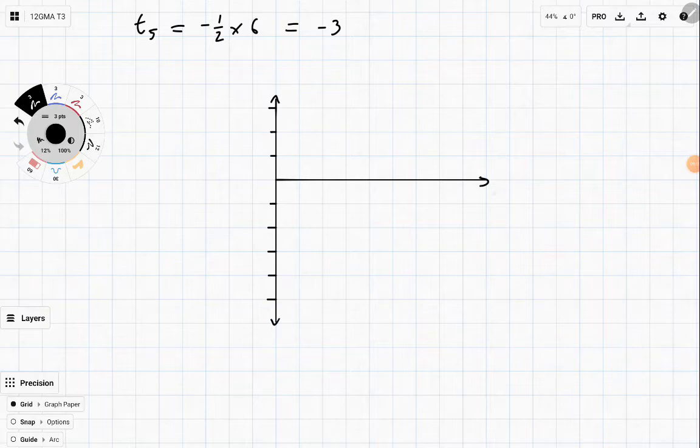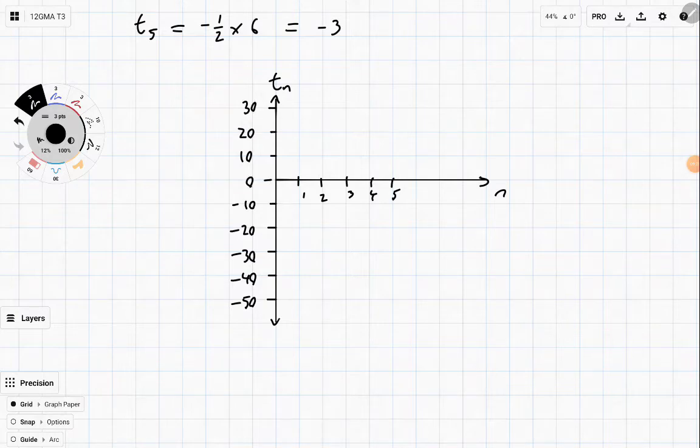So there's n, there's Tn, 1, 2, 3, 4, 5, negative 10, negative 20. Finishing up my axes, and 0 in the middle.